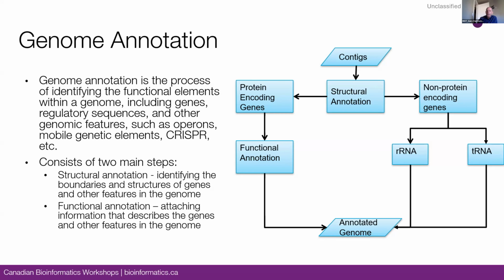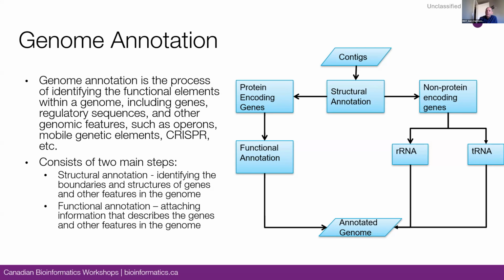There are two main steps to annotation. One is to find out where they are, and the second is to find out what they do. The first, where they are, is the structural annotation part, and that is used to find protein encoding genes and also non-protein encoding genes, which are our ribosomal RNA and our tRNA.